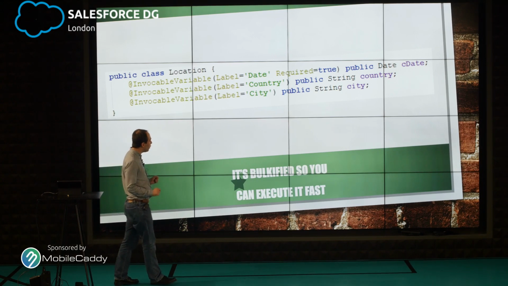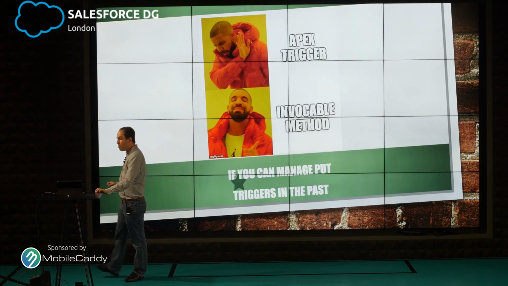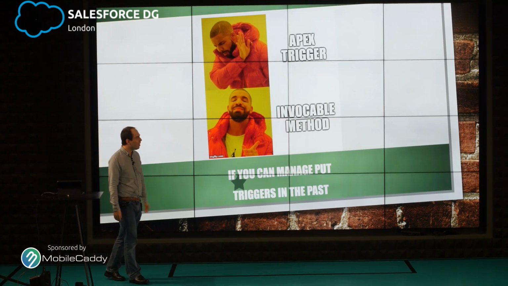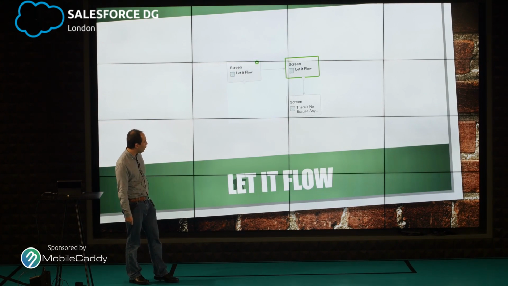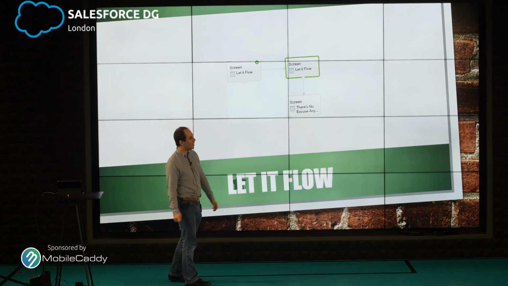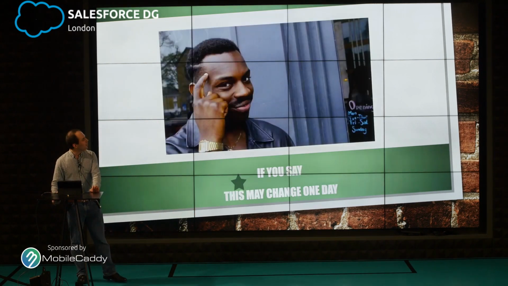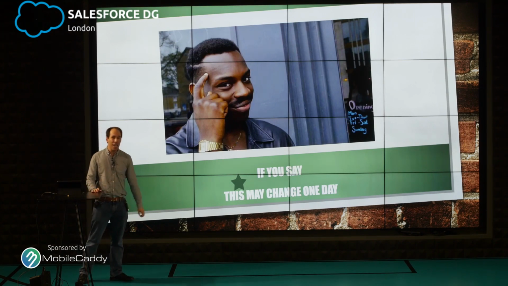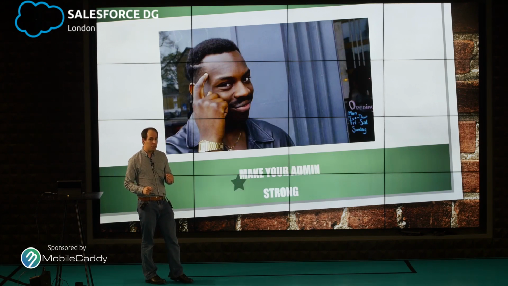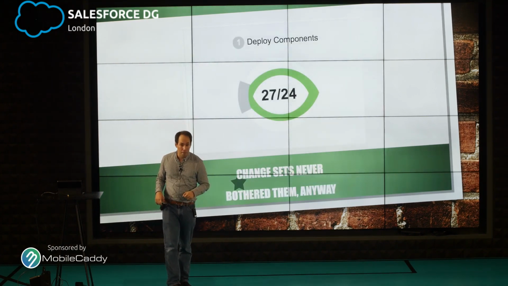It's bulkified so you can execute it fast. If you can manage, put triggers in the past. Let it flow, let it flow. Become an admin champion. Let it flow, let it flow. And declare the problem gone. If this may change one day, make your admin strong. Change that's never bothered them anyway.